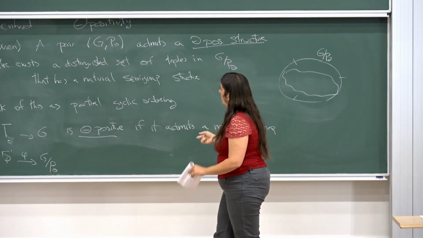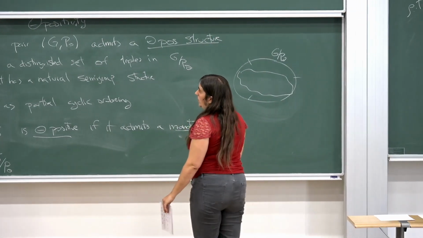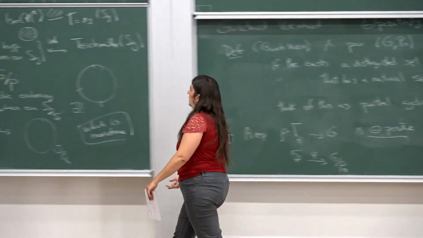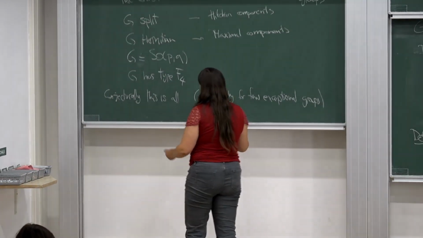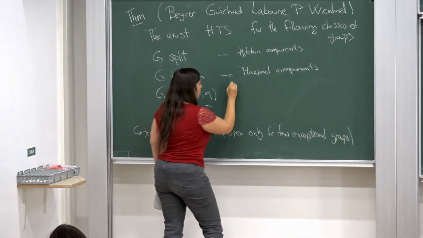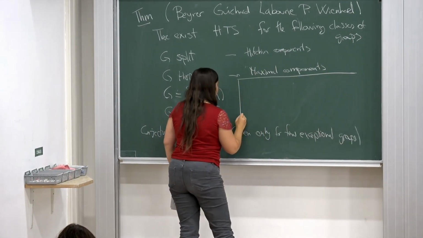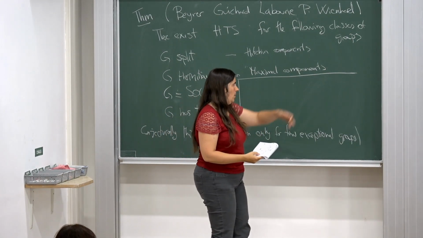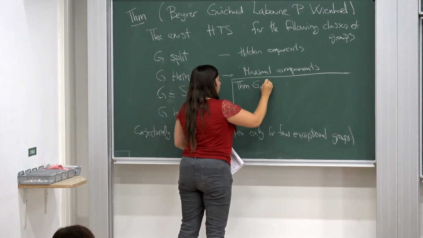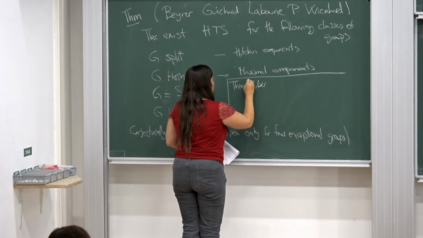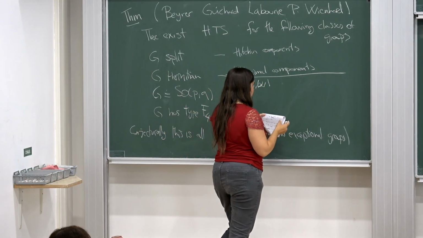And the theorem that I should write up here is a classification of Richard-Minard, that these are the groups that admit a theta positive structure.